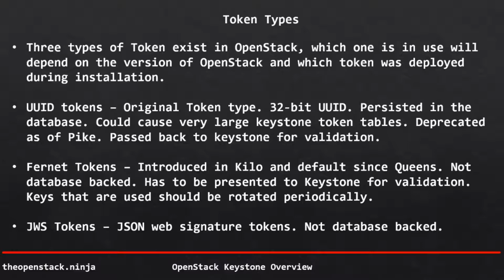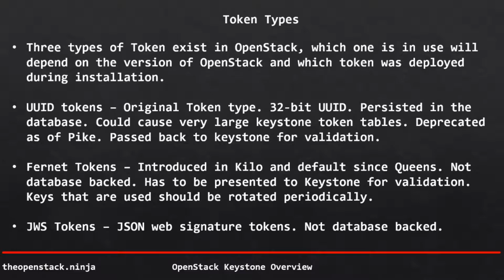So as of Pike, that's been deprecated. You may find that Mitaka, Liberty, those older OpenStack platforms may still be using UUID tokens, but they are currently deprecated as of Pike.